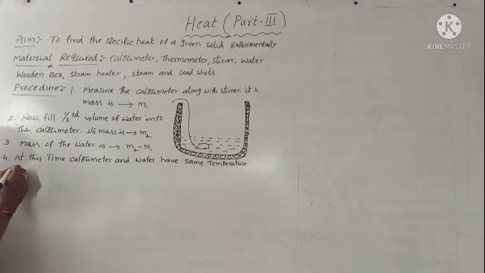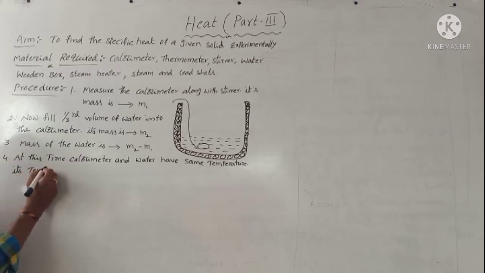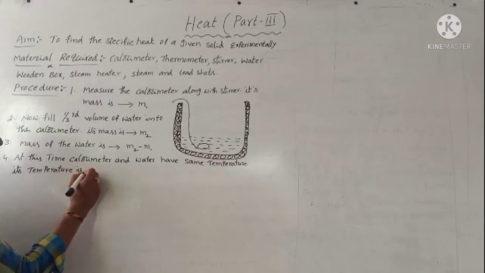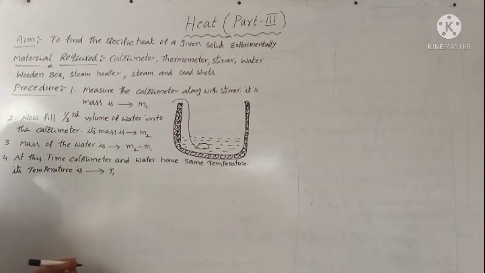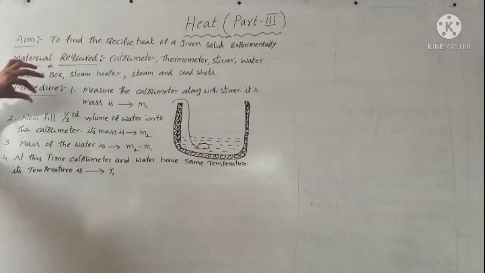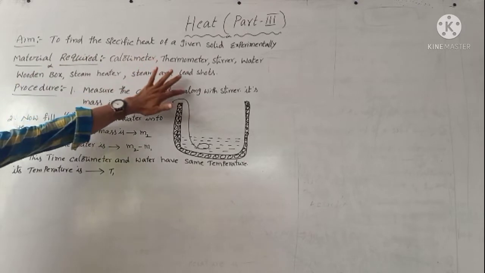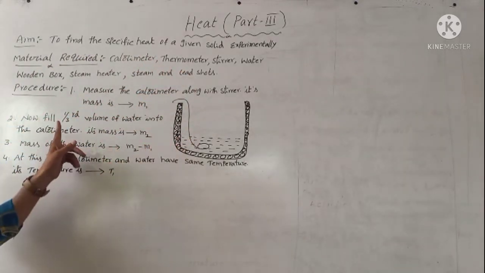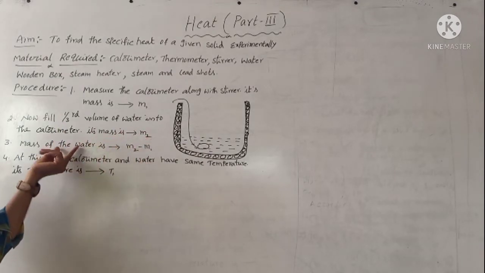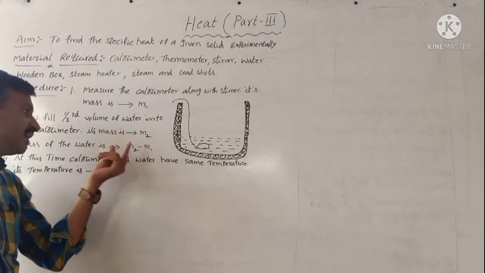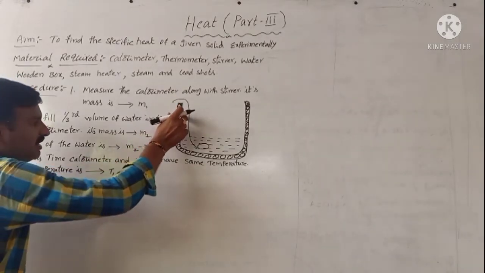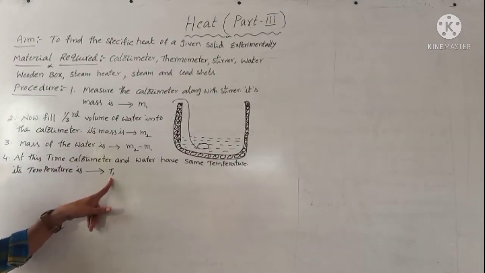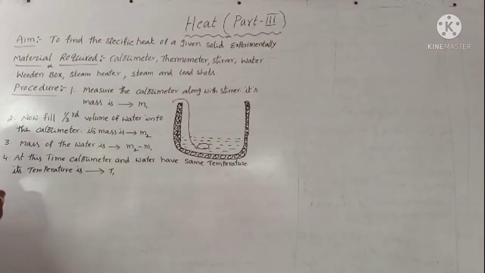Its temperature is T1. So first, measure the calorimeter along with the stirrer; its mass is m1. Now fill 1/3 volume of water into it; its mass is m2. The mass of water is m2 minus m1. In this situation, the calorimeter and water both have the same temperature, T1.